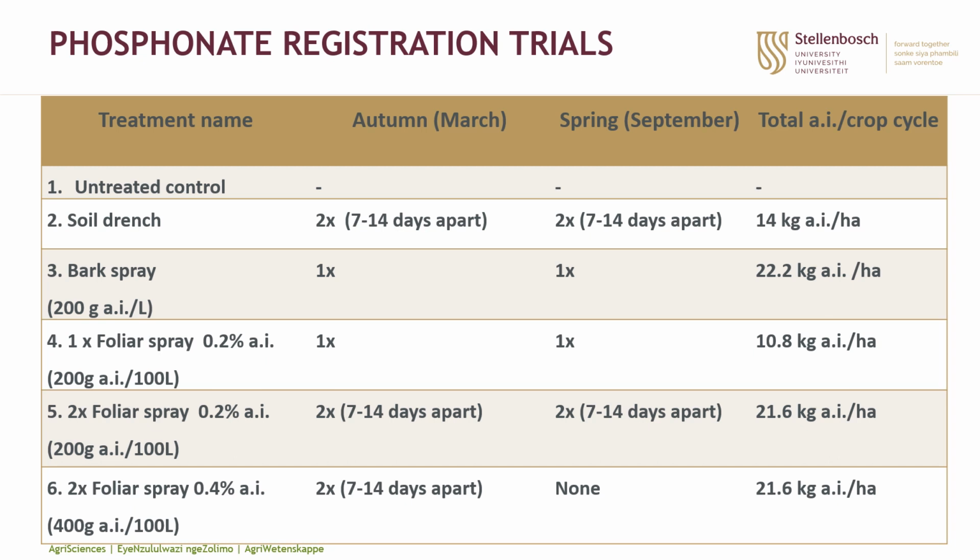But be aware, if you apply phosphonates at this high concentration, it is very important that after mixing the product in the spray tank, the pH is adjusted to 7.2 using potassium hydroxide, otherwise you will get extensive leaf burn. In our trials, we did not observe leaf burn problems with this concentration. Also keep in mind, where possible, not to apply foliar sprays when there are excessively high temperatures.